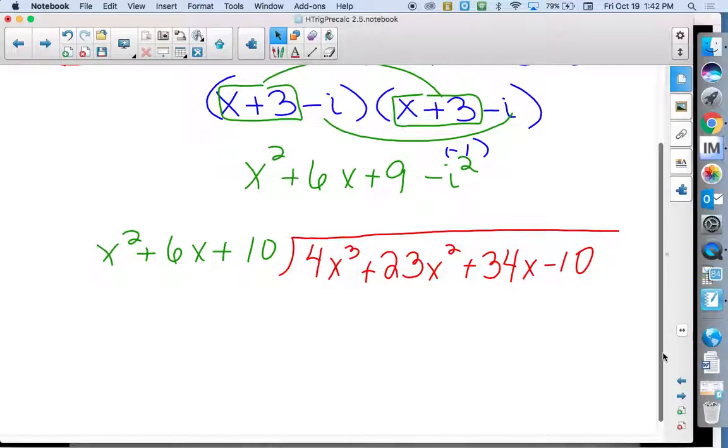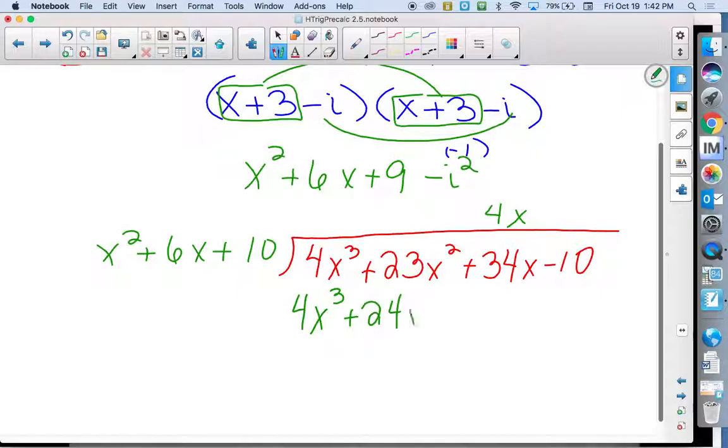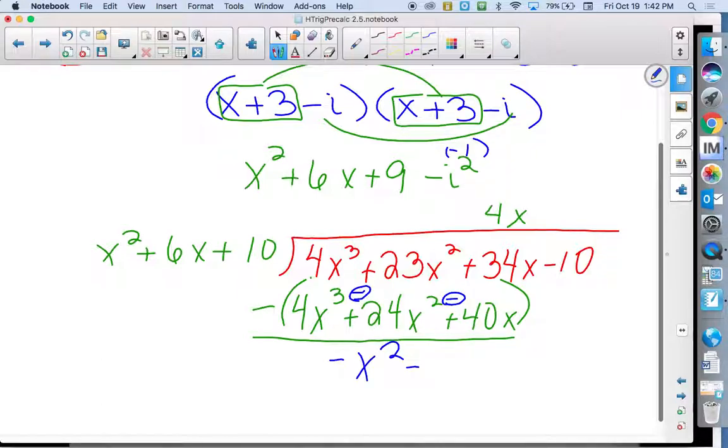So we have an x squared, we want to make it 4x cubed, so we would multiply it by 4x, so that gives us 4x cubed plus 24x squared plus 3x. Nice. And then if we subtract all of that, we end up having negative x squared minus 6x minus 10.